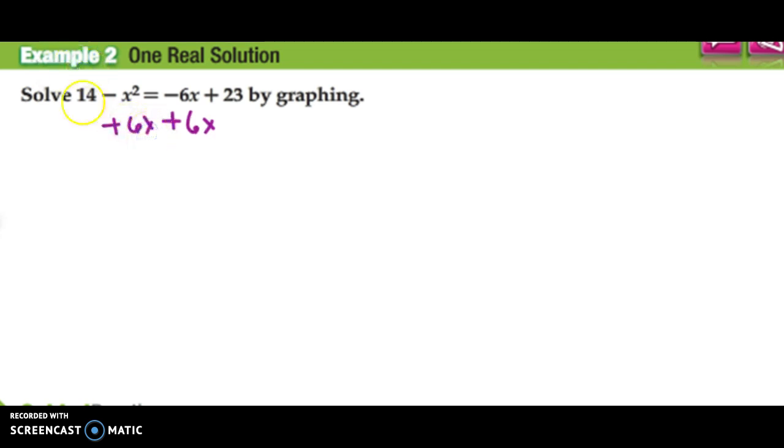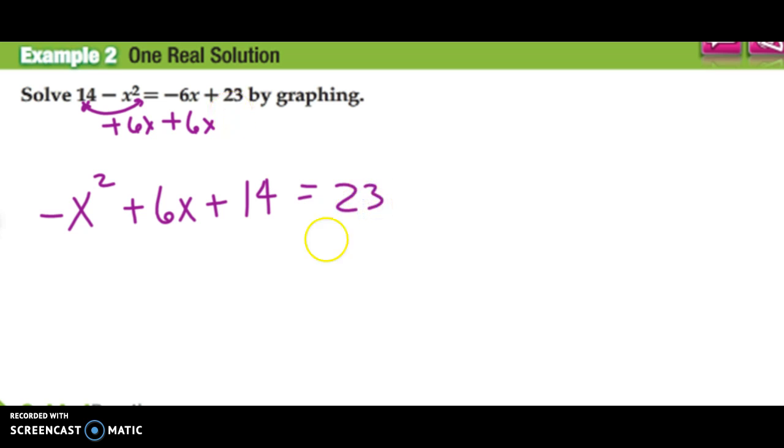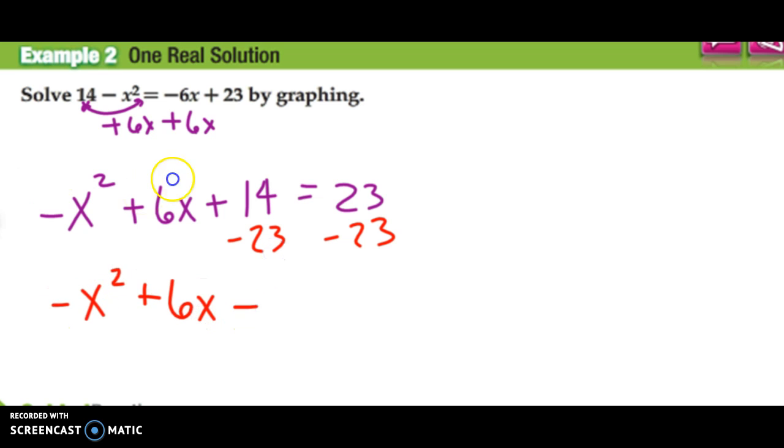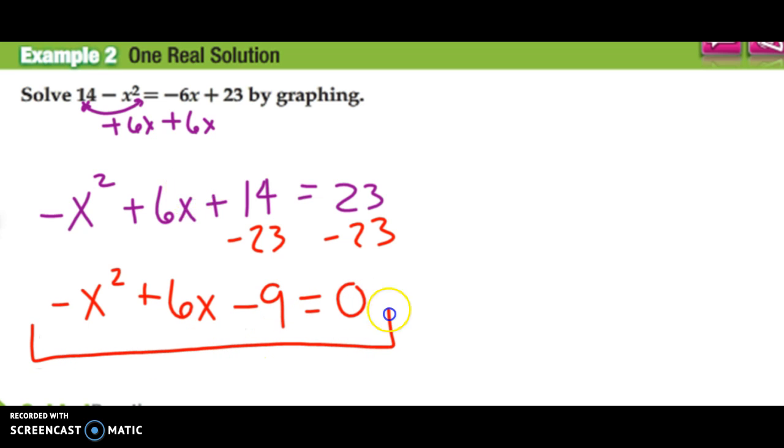And I'm going to switch the order just a little bit because I like the x squared in front: negative x squared plus 6x plus 14, remember that minus x squared has to stay with it, equals 23. And so I subtract 23 from both sides, and I see that negative x squared plus 6x minus 9 equals 0. I now have it in standard form.